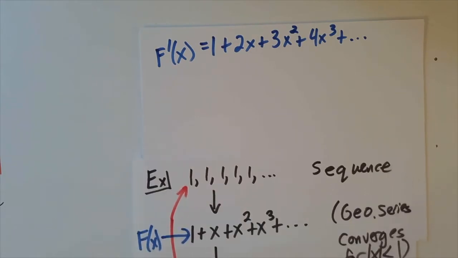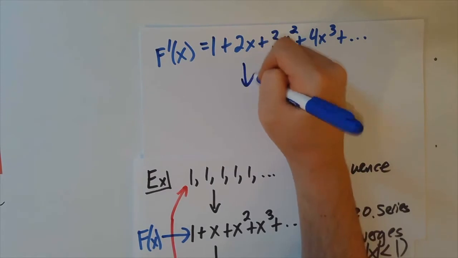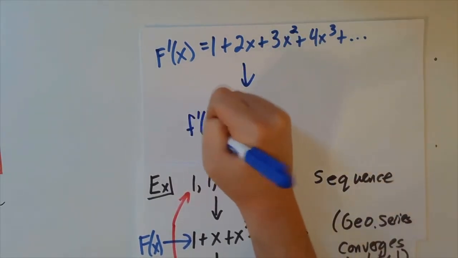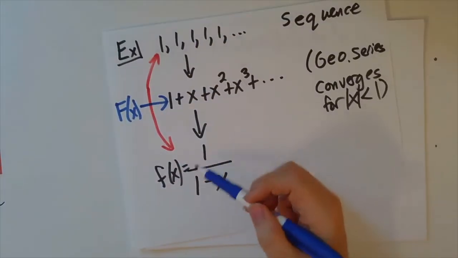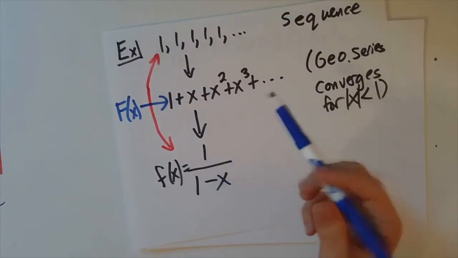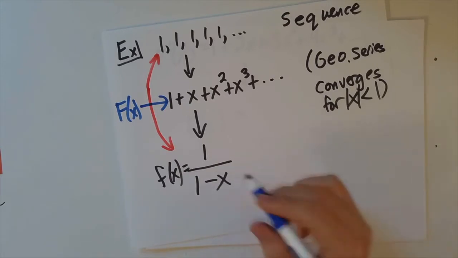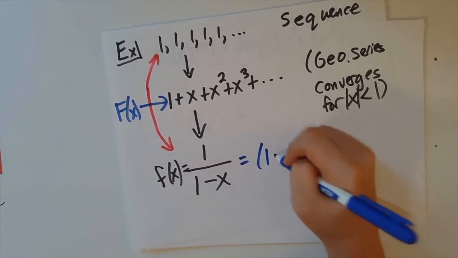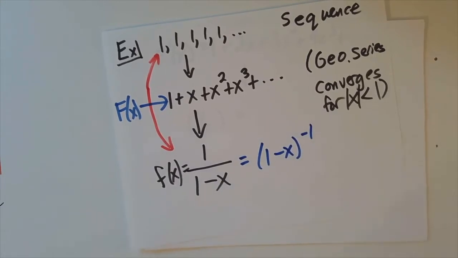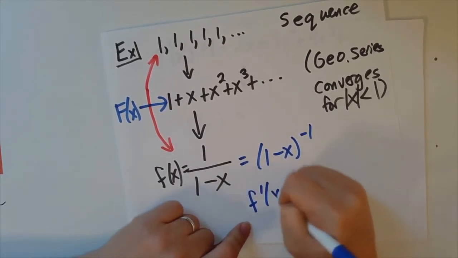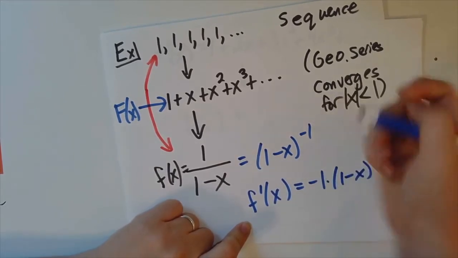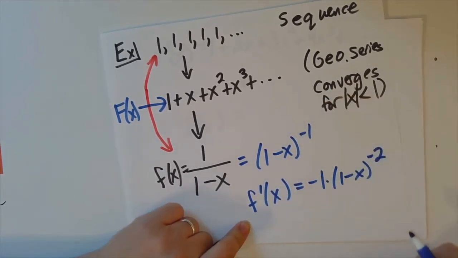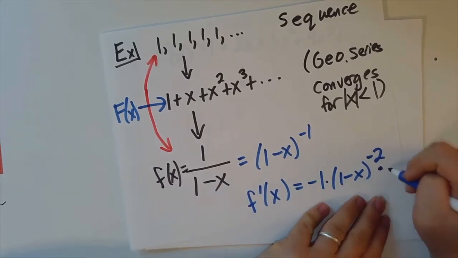And so what function is that associated with? Well, that's associated then with the function little f prime. So this is the derivative of 1 over 1 minus x. The derivative of 1 over 1 minus x, this is the same thing, by the way, as (1 minus x) to the minus 1. So its derivative is you pull down a minus 1 times (1 minus x), subtract 1 from the power, and then don't forget the chain rule, as I've been telling my 141 students lately.